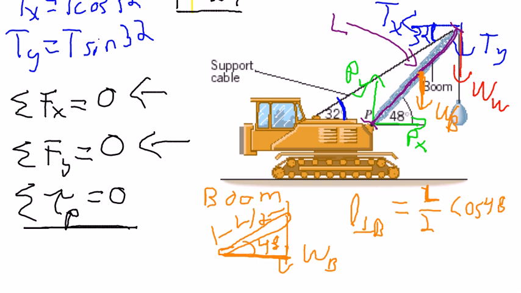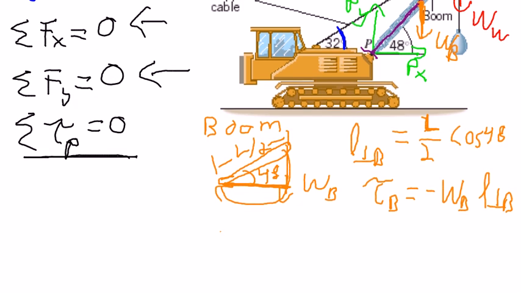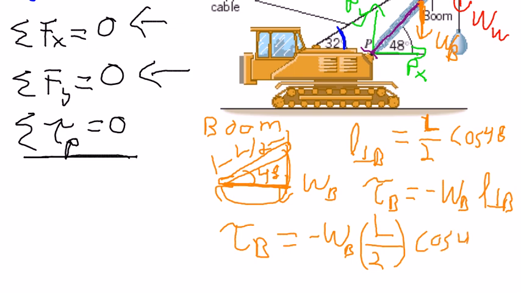So the torque caused by the boom, as we already mentioned, is making it go in a clockwise direction, so it's going to be a negative value: negative weight of the boom multiplied by L perpendicular of the boom. So the torque from the boom is equal to negative weight of the boom multiplied by L over 2 multiplied by the cosine of 48.